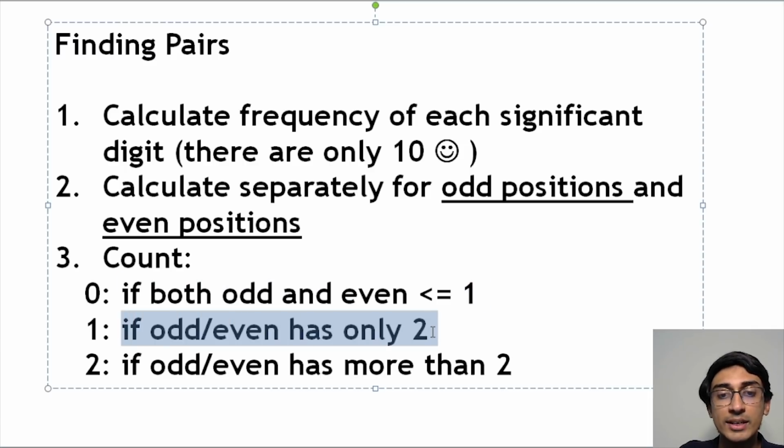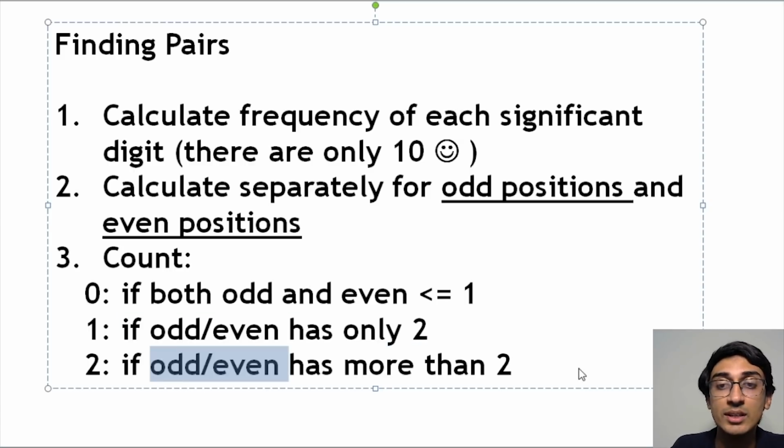If either the odd indexes frequency or the even indexes frequency has only 2, then we can take 1 pair from it. If either of these has more than 2, then the respective count increases by 1, so it becomes 2 counts. I'll just simplify this further. Let's say in your odd indexes frequency, the number 1 occurred 1 time. That falls in the first category.